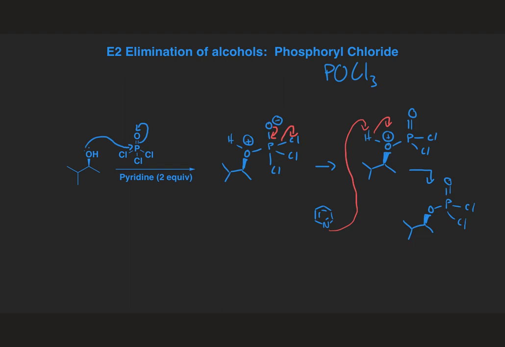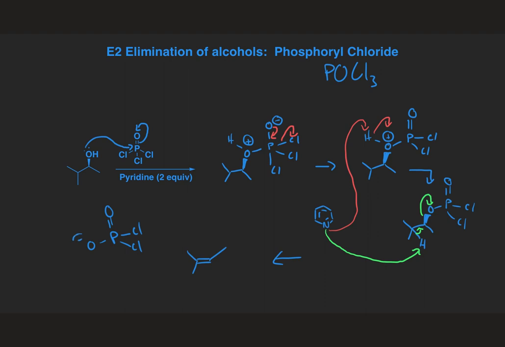And then the second equivalent of pyridine is going to be used to do the elimination. And so I'm going to draw in this hydrogen here. And a second equivalent of pyridine, I'm just going to use the same one though, comes in and deprotonates there. Those electrons get kicked up, and that oxygen leaves to give you this final organic product, and your leaving group was this molecule here.